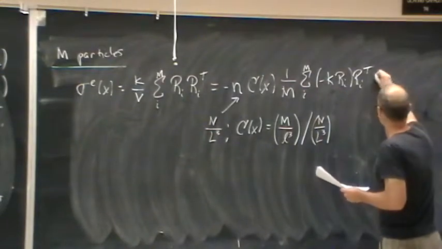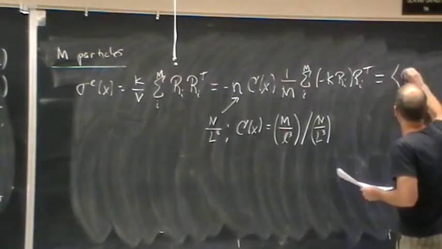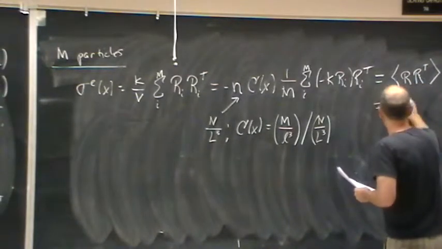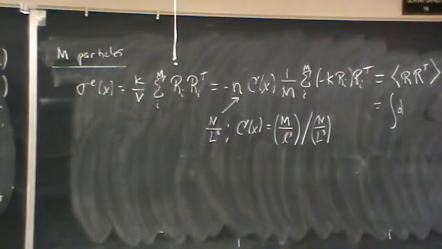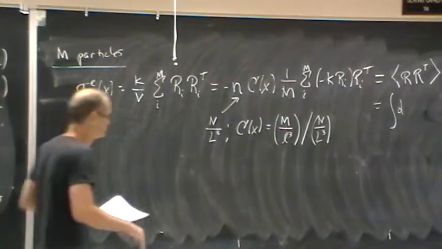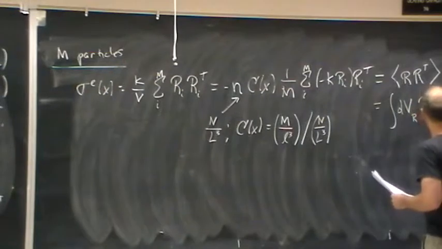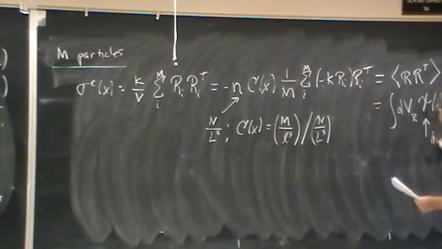And so typically what you'll do is you'll rewrite this as some distributional average, which is an integral. This is now passing to a limit where I have a large number of particles in my volume, so I can replace the discrete sums by distributional averages involving a distribution function. dV_R psi of x, R and t, R R transpose, where now psi is my distribution function.